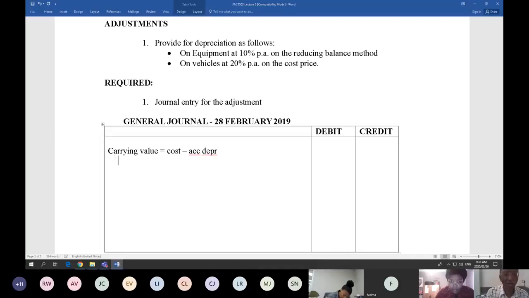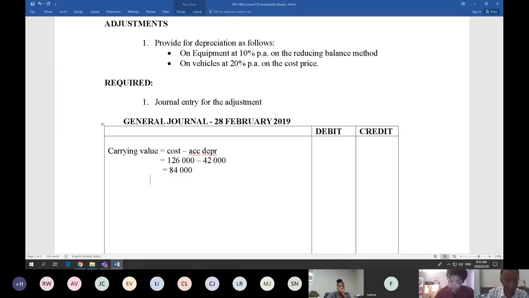So if you want to calculate the carrying value from your question, the cost price of equipment is 126,000. Accumulated depreciation on equipment, go to that amount, that is 42,000 Rand. Remember, we are busy with the diminishing balance method. We must first calculate the carrying value, which is cost minus accumulated depreciation. It is 126,000 minus 42,000, and that will give you 84,000 Rand as your carrying value.